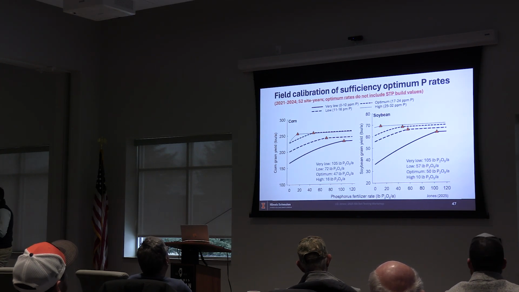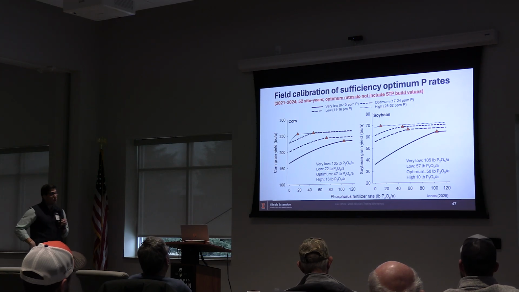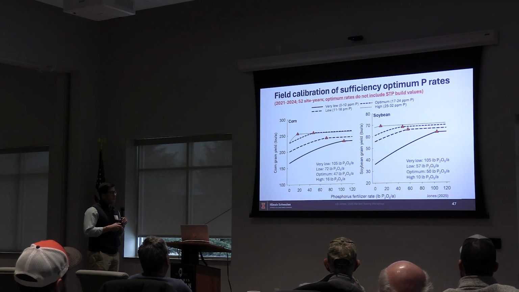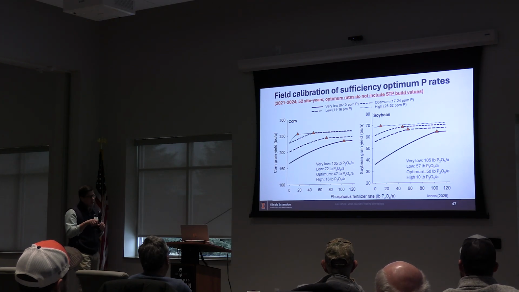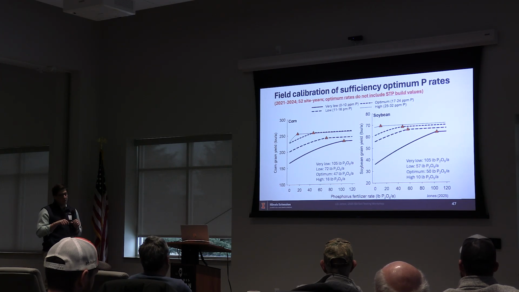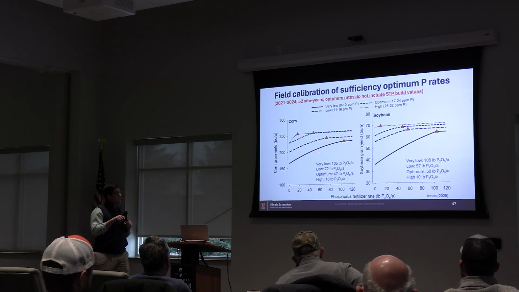The final part that we really have to come to a recommendation through is the calibration of the rate combination relative to soil test levels. And essentially what we're seeing here is the relationship between responsiveness to P fertilizer, and I'll show the K fertilizer one in the next slide, and our soil test levels.